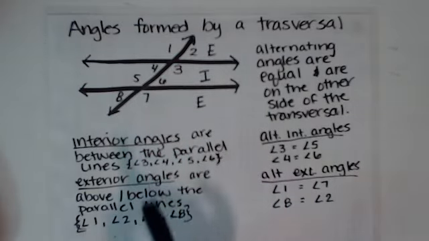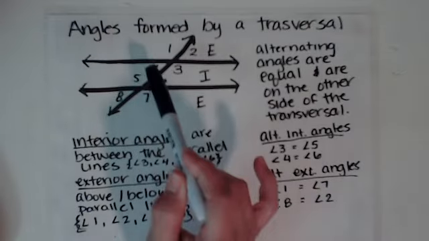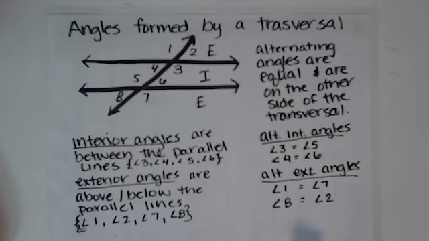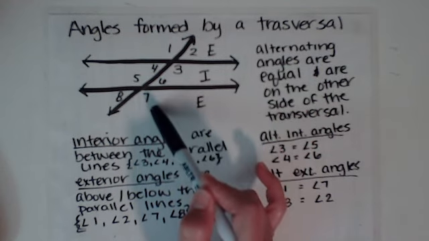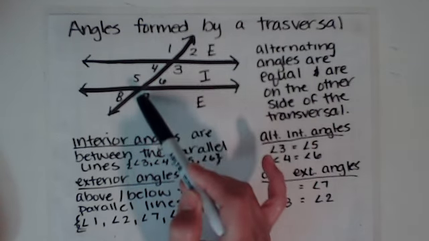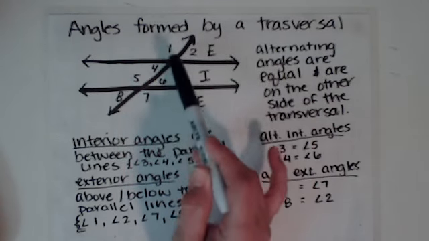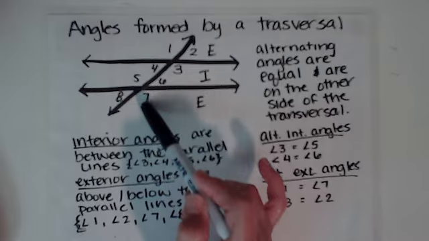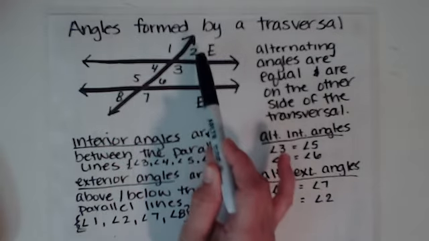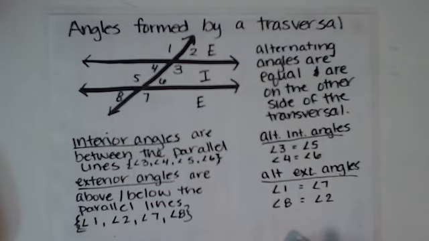So 3 and 5 are equal to each other, and 4 and 6 are equal to each other. Alternating exterior angles, we can look at 1 and 7 are equal to each other because they're outside of the parallel lines and on the opposite sides of the transversal. And then 8 and 2 are equal to each other as well.